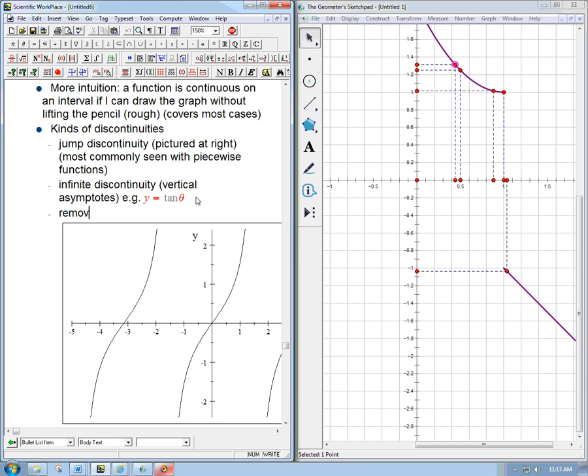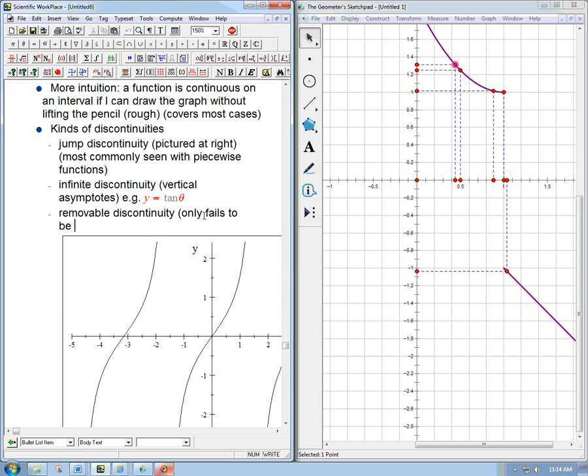And then funky ones that we've been playing with a lot without hardly knowing it is the removable discontinuity. It's actually rather hard to tell there's a kind of discontinuity sometimes, and that's where it only fails to be defined at one point, and nothing else is weird.